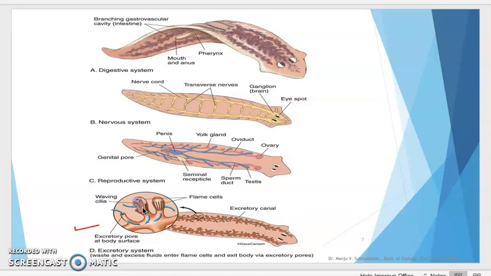The constant undulatory movement of the tuft of cilia present inside these flame cells drives the excretory fluid to the capillary vesicles, then to the longitudinal excretory canals, and finally to the nephridiopores, which eliminates the unwanted materials.